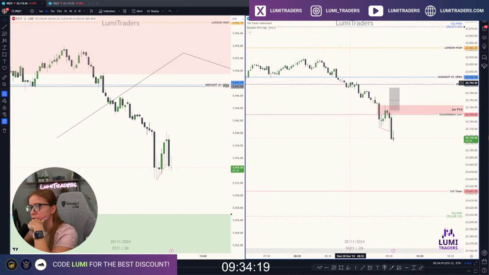Also, lots of failure swings right here. This means it can be easily broken soon.